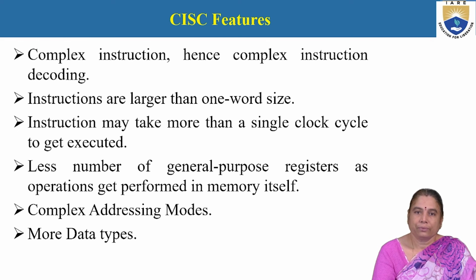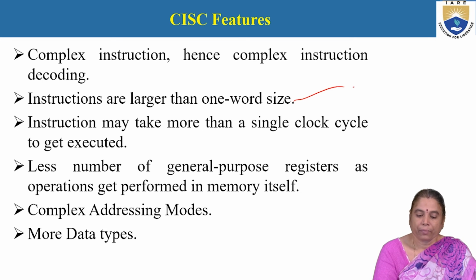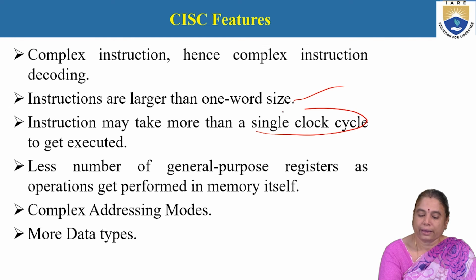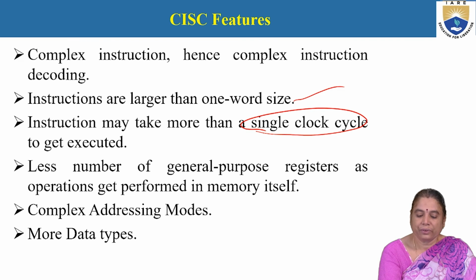The features of CISC are complex instructions and a complex decoding process. Instructions are longer than one word size. Instructions may take more than a single clock cycle. And fewer general purpose registers are available.